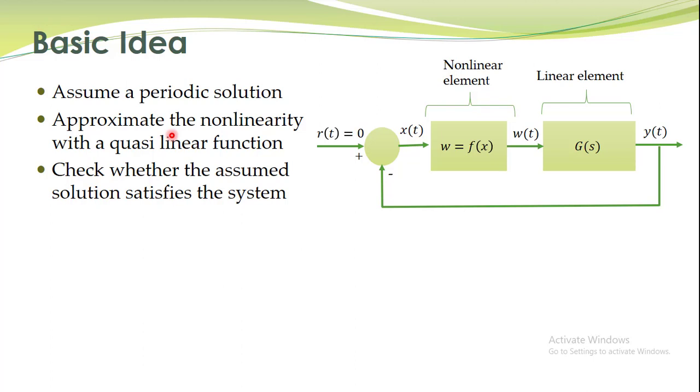So here all the steps are the same. The only difference is this intermediate step, because in linear differential equations the differential equation is linear. Here we have nonlinear differential equation, and we shall approximate the nonlinearity by something which is similar to linear function. So let's explain all these points in more detail.